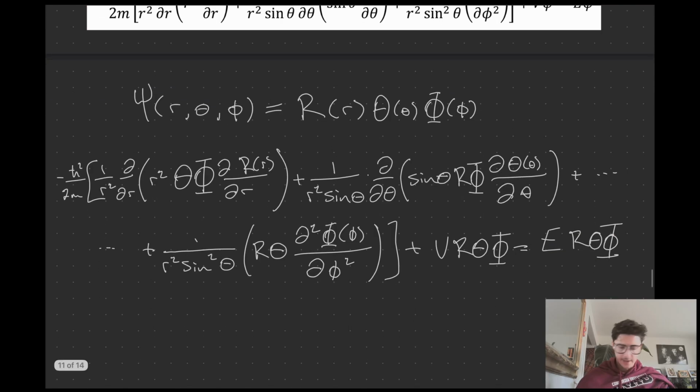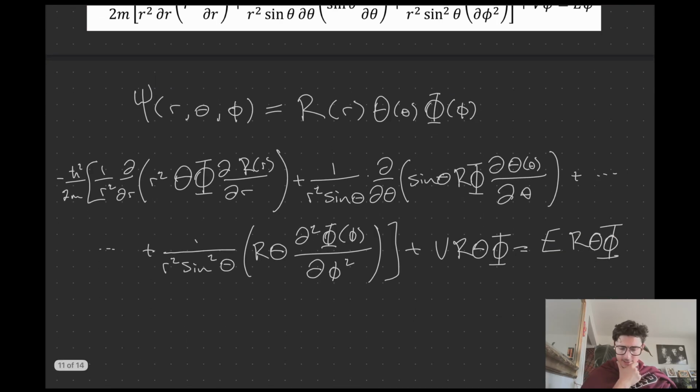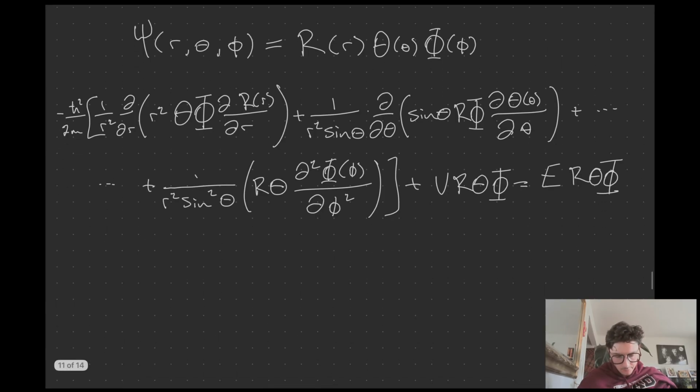So what can we do here? Guys, I'll be real, man. What we're supposed to do is split this up so we have components that only depend on one variable. How do we do that? Well, we're going to take this entire equation up here, right?